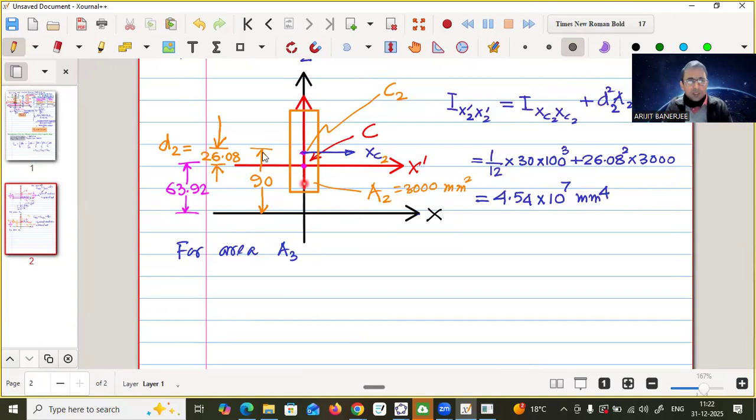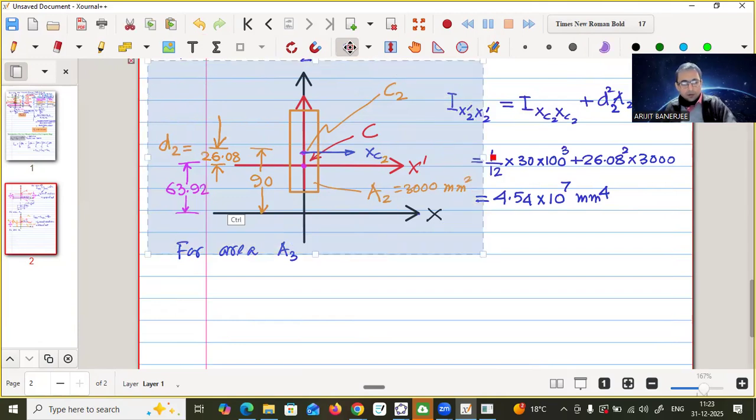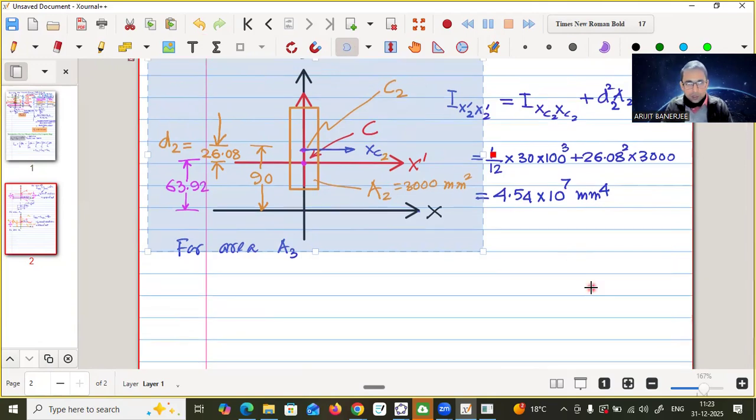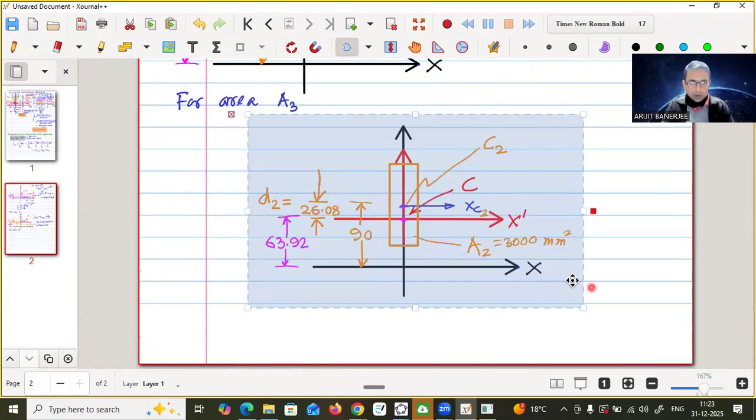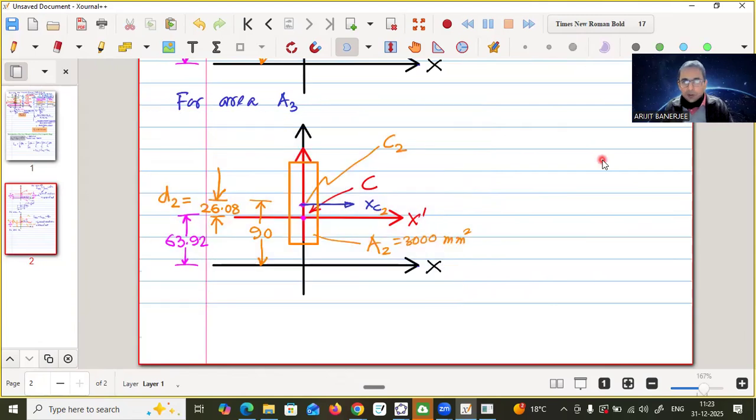Now again, we will copy this and we will paste so that we can understand clearly. For area A3. For this shape, this is the gray color. This is for the gray color area.